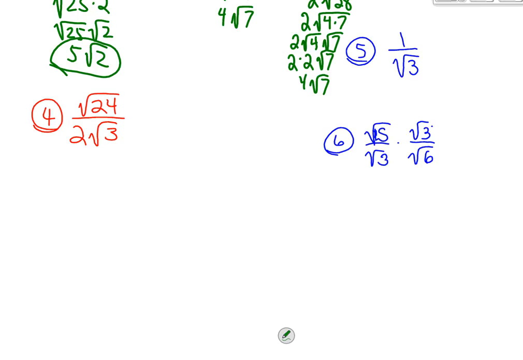So this next problem, number 4 here, I'd like you to take a moment and write that. This is number 4. Just take a moment and write that. 4 the square root of 24 over 2 the square root of 3. Now I'm going to talk about 2 ways to do this one as well.